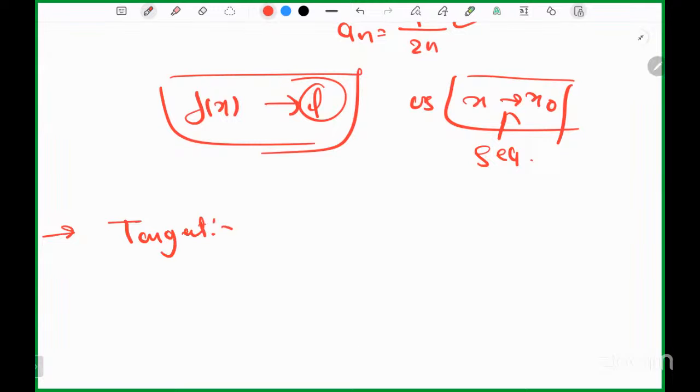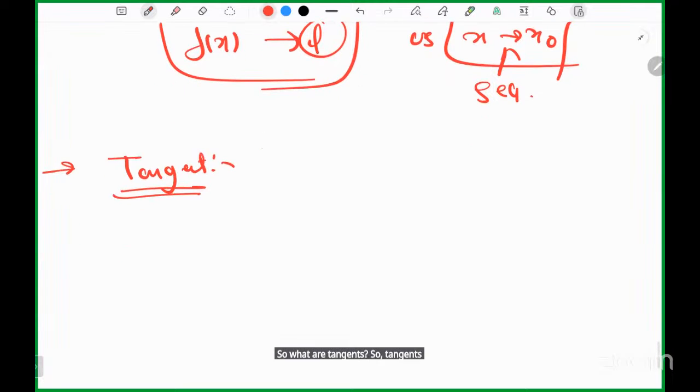So what are tangents? Tangents are those lines which demonstrate to us in which direction the function is growing. You can assume that a tangent is a line which touches the point.